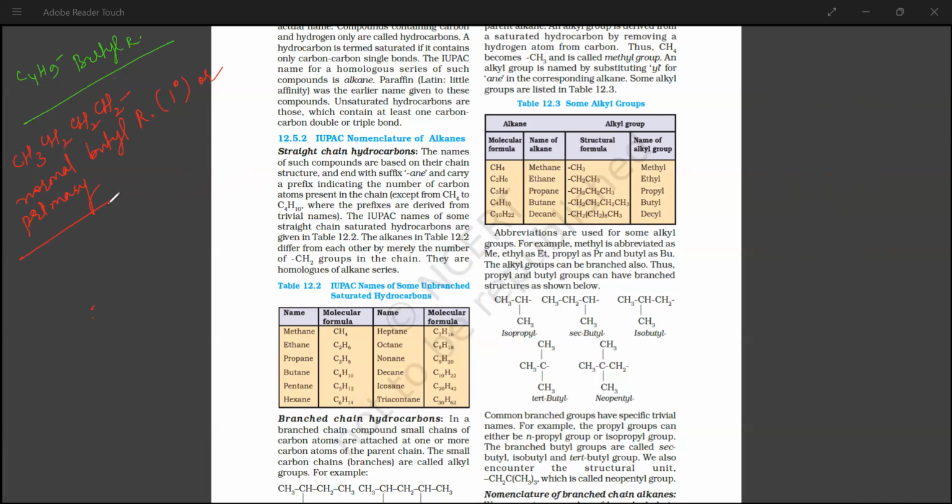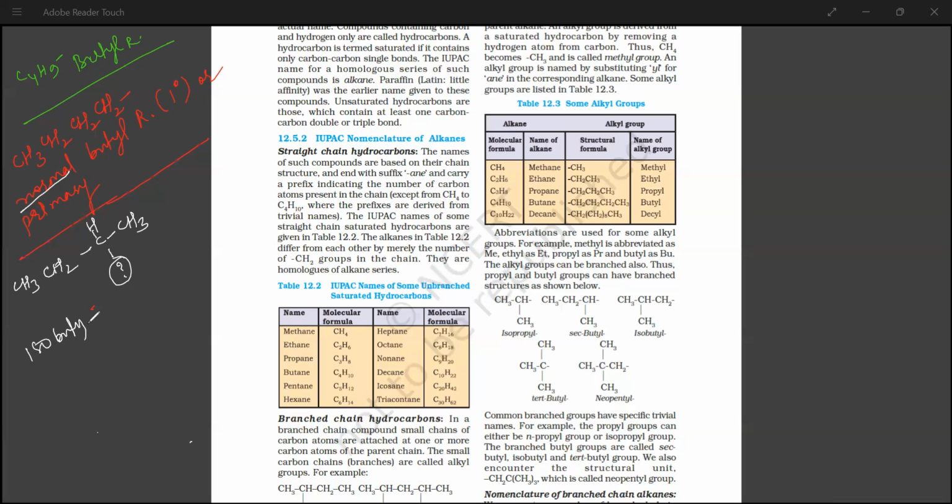Second can be written like this too: CH3, CH2, then C, CH3, CH2, CH, CH3. Here the site for attachment is there. So this is also butyl, but this was normal butyl. This is isobutyl. How can we say it is isobutyl?